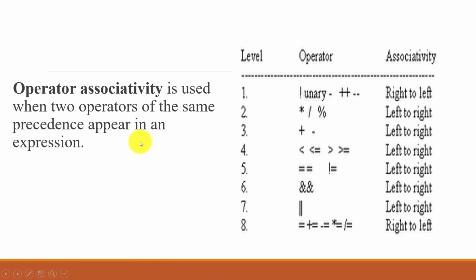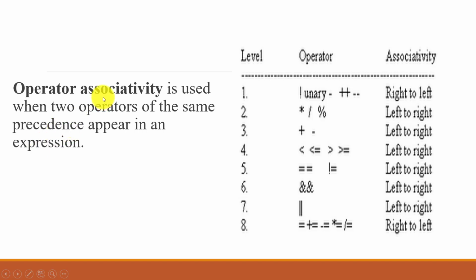Next is operator associativity. Let's understand this with the associativity table. Why do we use it? Because there may be two operators of the same precedence. In the last video we learned what precedence is: it gives higher priority to which operator is executed first, second, third and so on, so precedence provides the order.